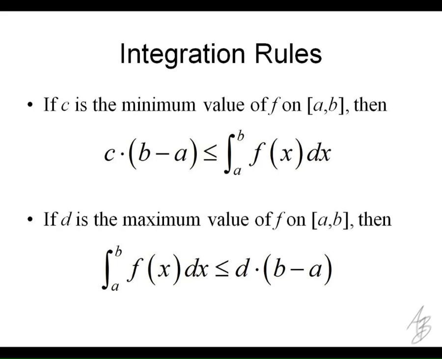Here's one other one. It's a minimum and maximum rule here. If c is the minimum value of some function on an interval, let me just draw a picture here real quick of what's going on.